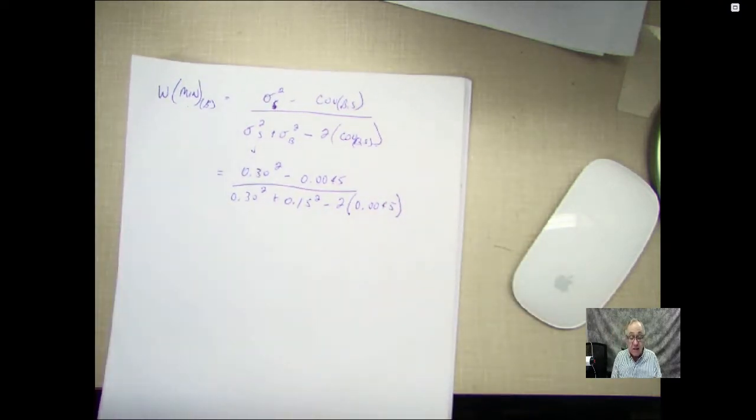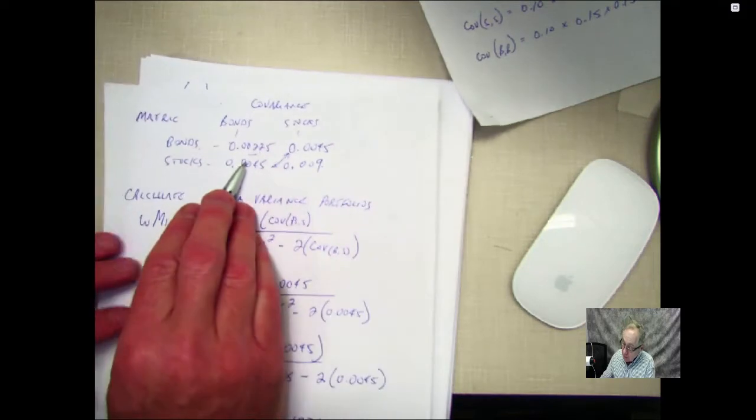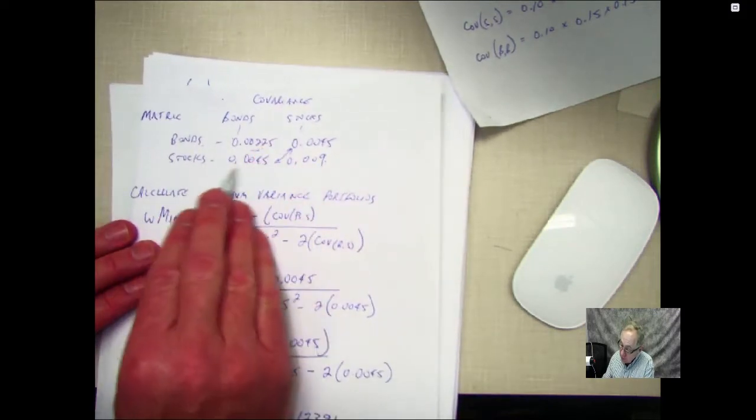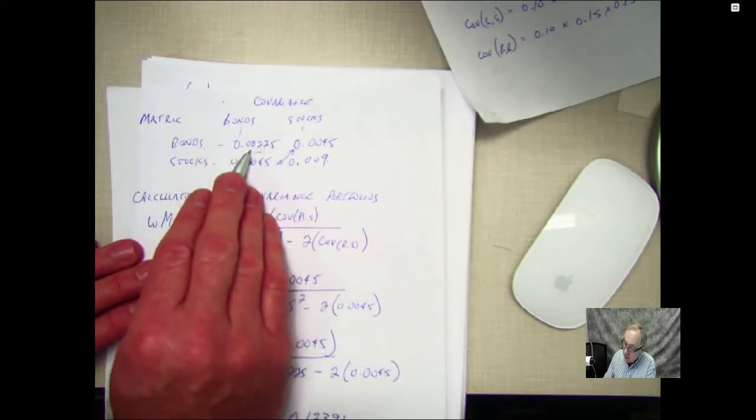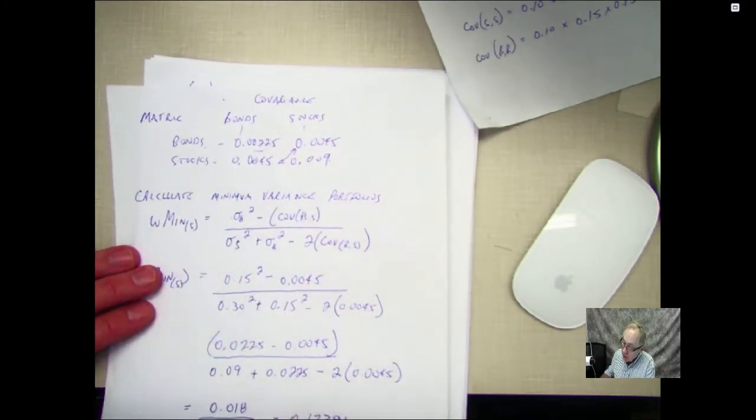So extending this, just as we did in our matrix table, stocks times stocks gives us a variance of 0.009, bonds times bonds, a variance of 0.0225.